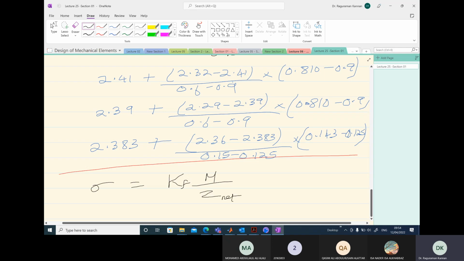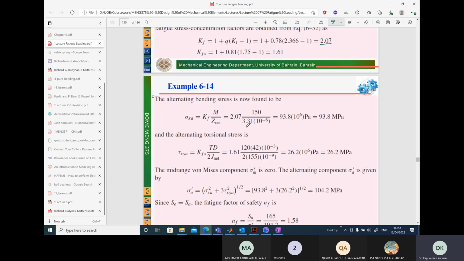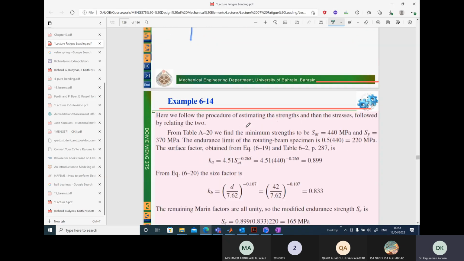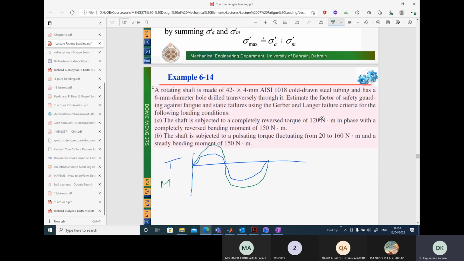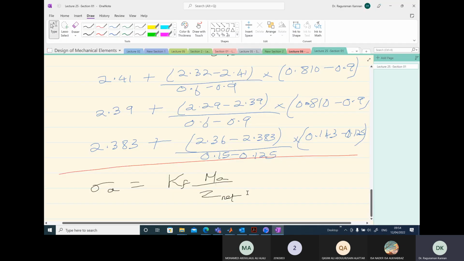So this is the formula to be used, and if it is amplitude, you can put the amplitude, and the moment values are given in the problem. For part A, we can see 120. So in this particular case, since it is completely reverse loading, max value is equal to MA value, which should be equal to 120.